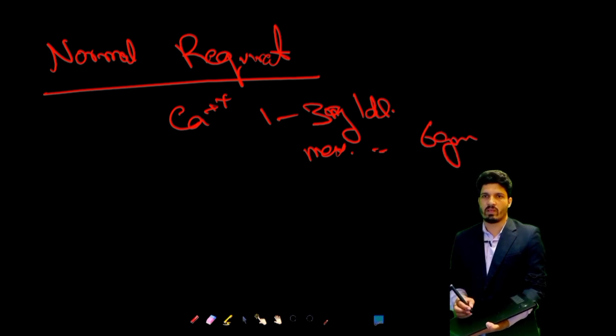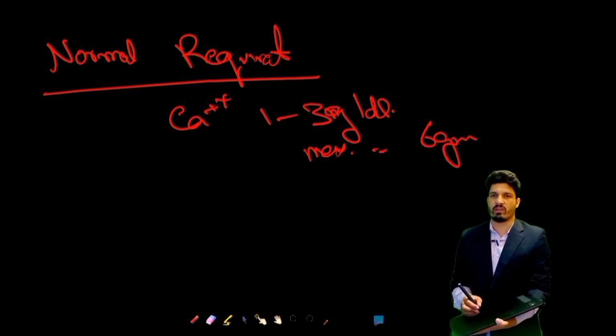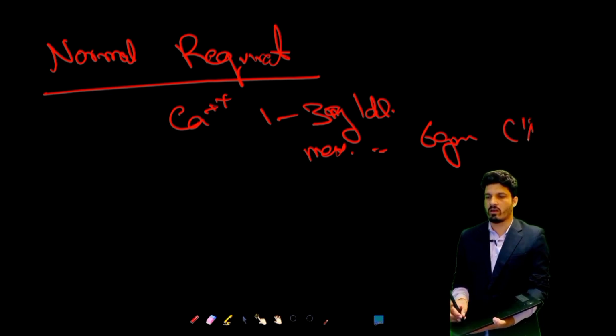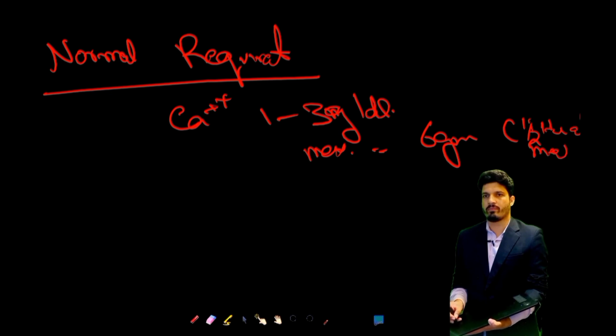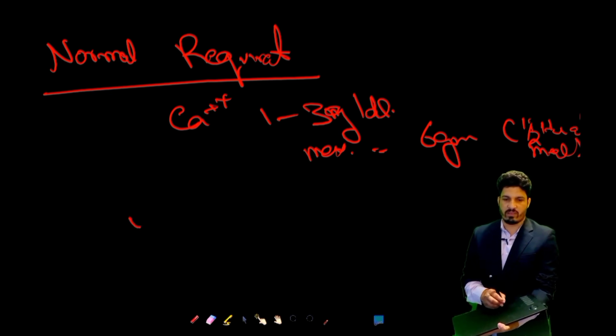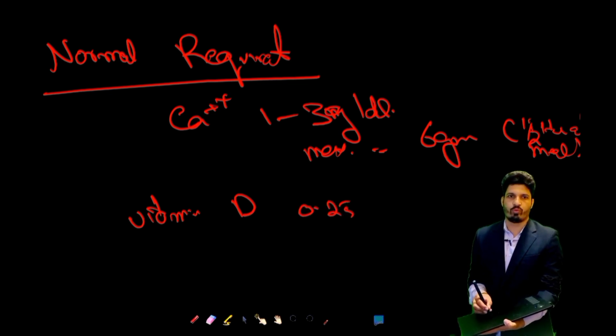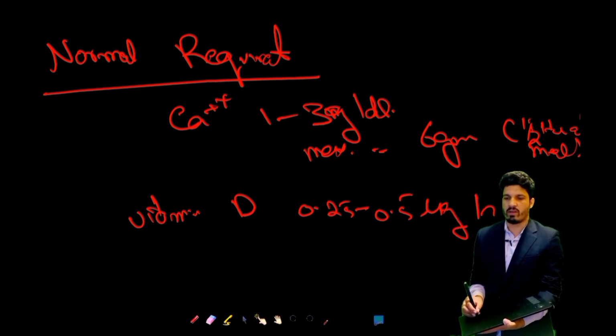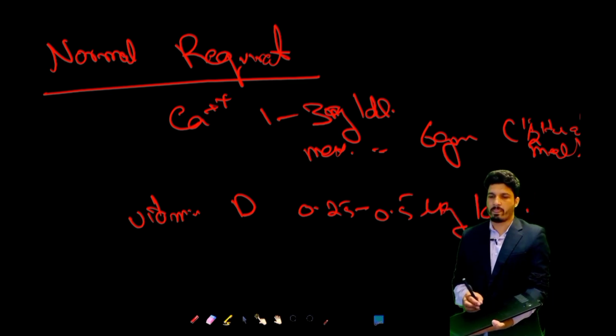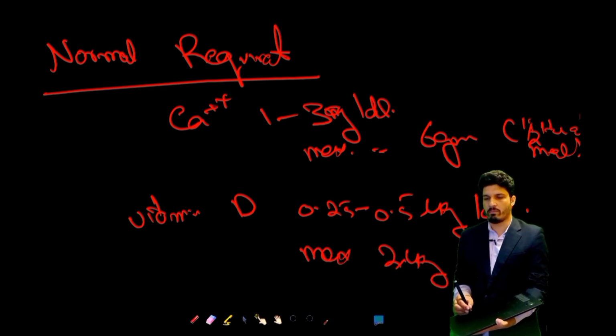You have to give it half an hour after a meal. In case of vitamin D, its requirement is 0.25 to 0.5 microgram per day, and its maximum value is 2 microgram per day.